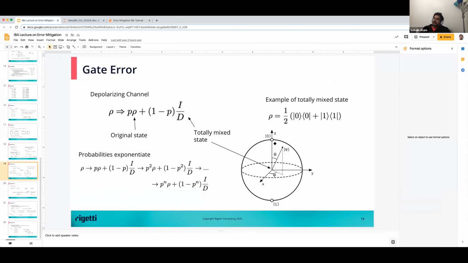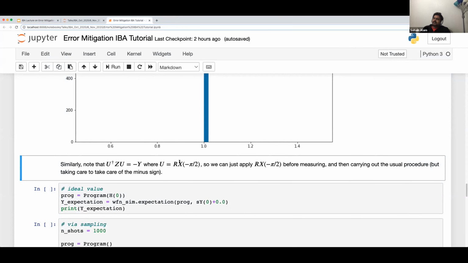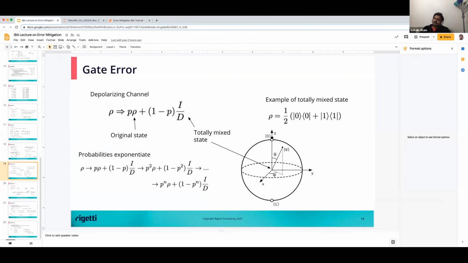Rx is basically a rotation about the x-axis by this much angle, right? So if I'm starting off in the zero state, then I have to counterclockwise rotate zero by 90 degrees or pi over 2 radians to make it point along the positive y-axis.